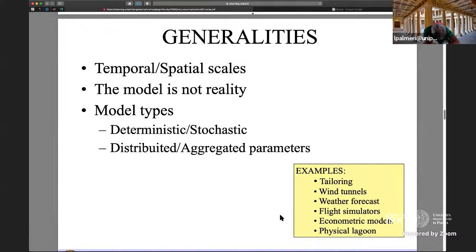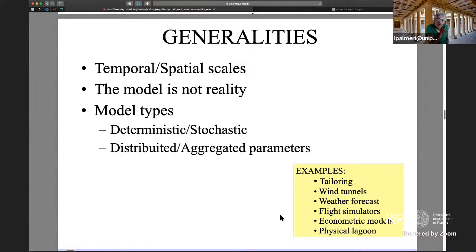In terms of spatial scales, if you want to model nutrient generation on a river basin or a river catchment, then the scale will be that of a catchment. So we are discussing square meters, square kilometers, hectares, and so on.